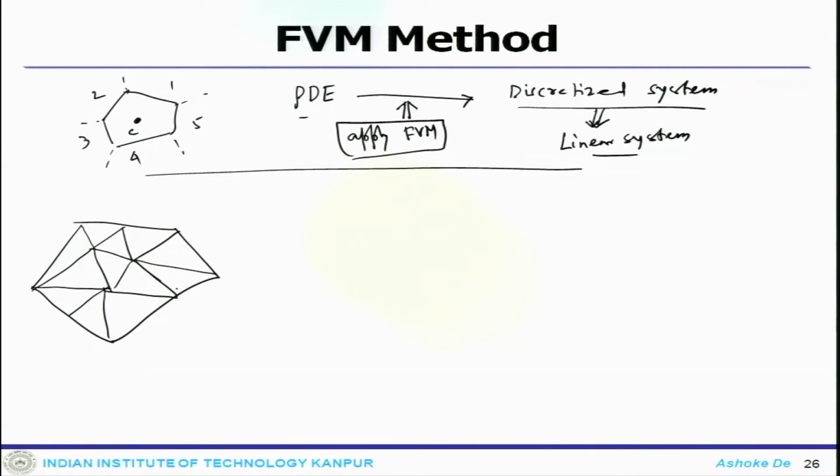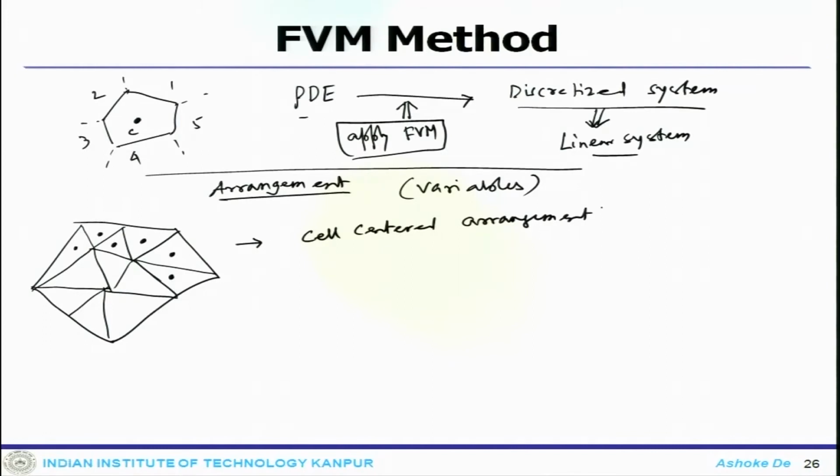Now, one option is, this is called the arrangement. How do you store your variables? Okay. So, that will dictate a lot. Now, in this particular arrangement, one can wish to store the variable at the cell center. So, in that case it will be called cell centered arrangement.